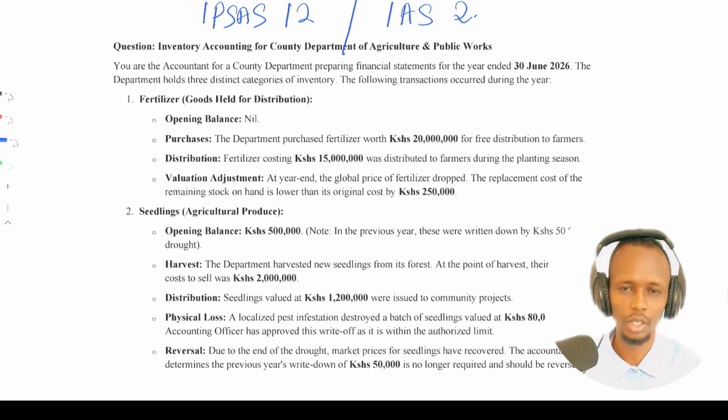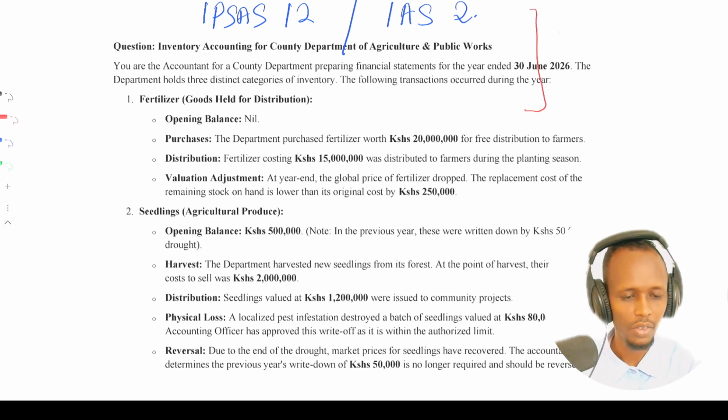In this question, question 1, you are the accountant in the accounts department preparing financial statements for the year ended 30th June 2026. The department holds 3 distinct categories of inventories, and I will base my argument on the disclosures. You can add inventory in your books in the following ways.